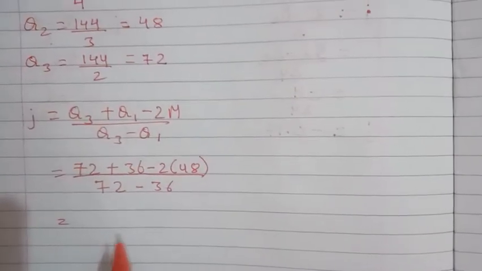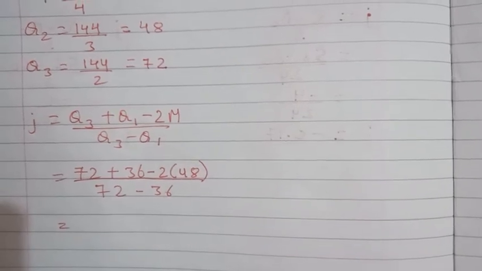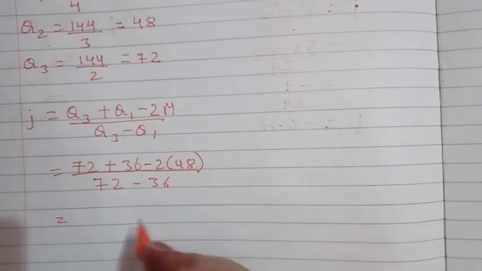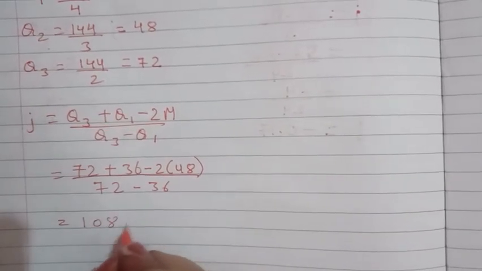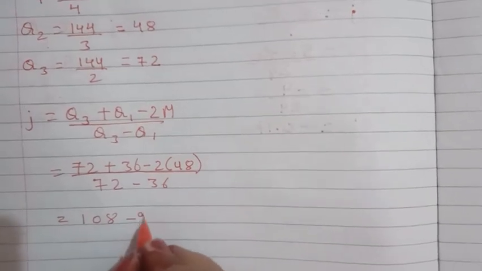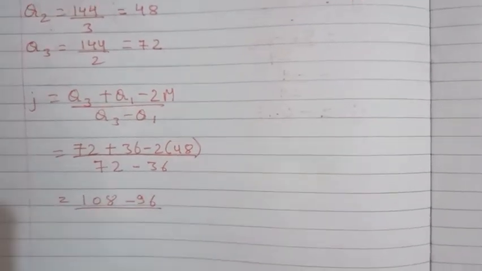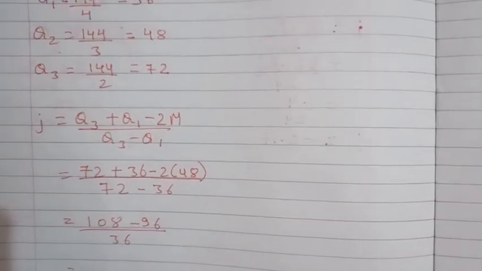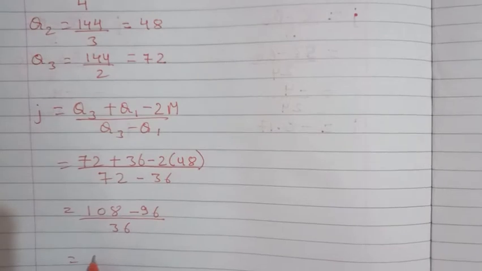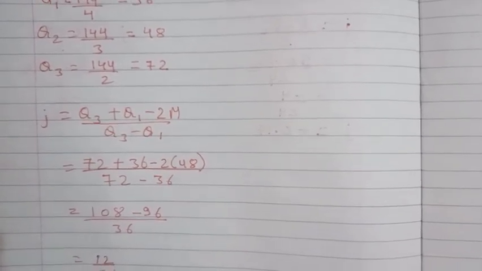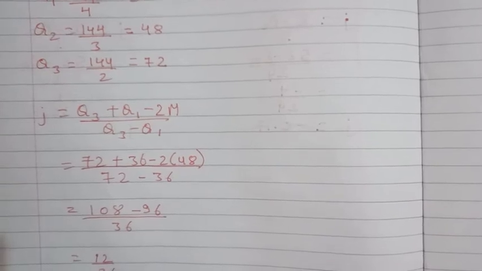Now 72 plus 36 minus 2 into 48. 72 plus 36 is equal to 108 minus 2 into 48 is equal to 96. And 72 minus 36 is equal to 36. 108 minus 96, that is 12 upon 36. J is equal to 0.33.